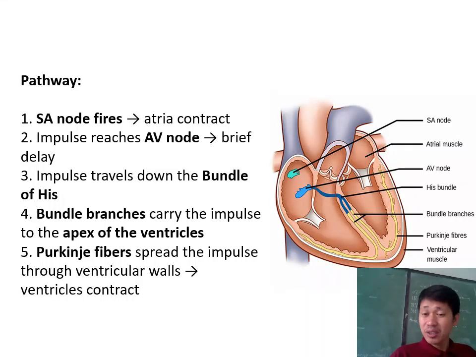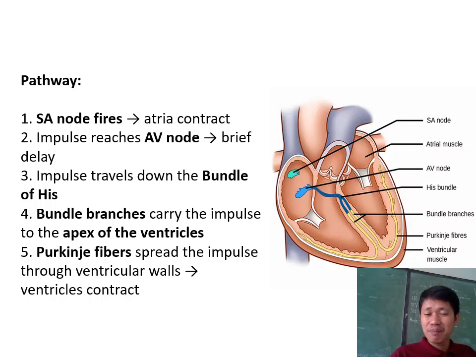The impulse will initiate the contraction. Then the bundle branches, here are the bundle branches. The impulse will go from the bundle of His to the bundle branches, and up to the apex of the heart. Then the impulse will spread through the Purkinje fibers, through the ventricular walls, just like an axon of a cell.